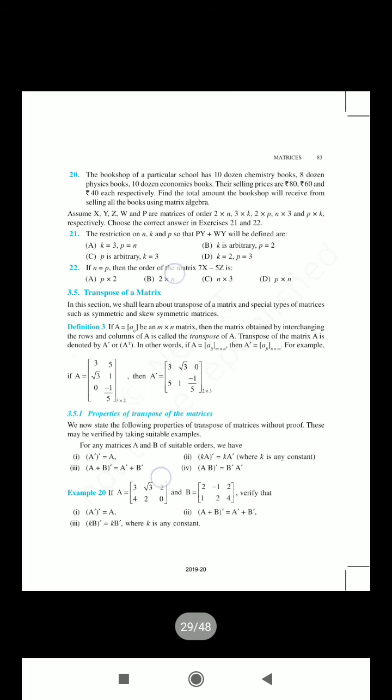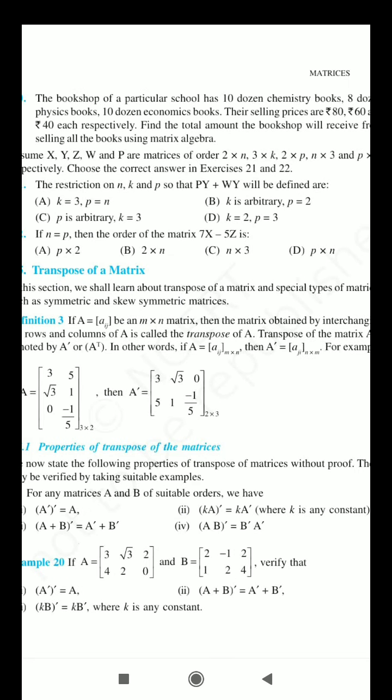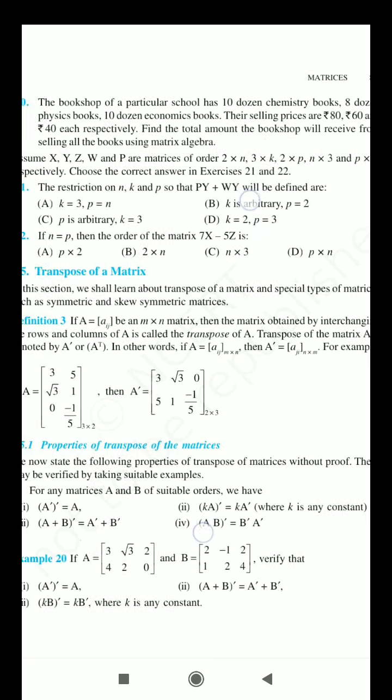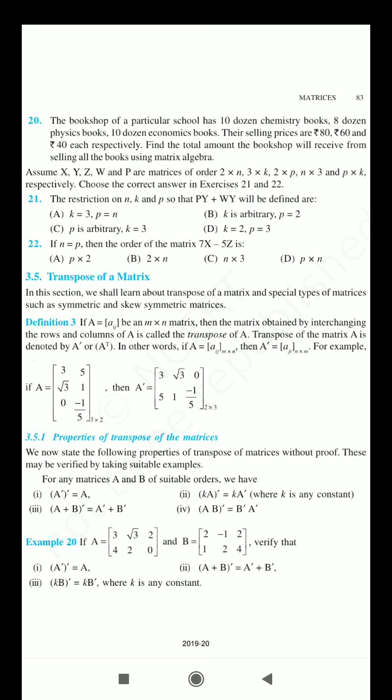Now, transpose of a matrix. Suppose any matrix is given. In simple language, transpose is nothing but changing rows into columns and columns into rows. That's all. Suppose a matrix A is given like this. You just see the order of this matrix, it is 3 into 2.